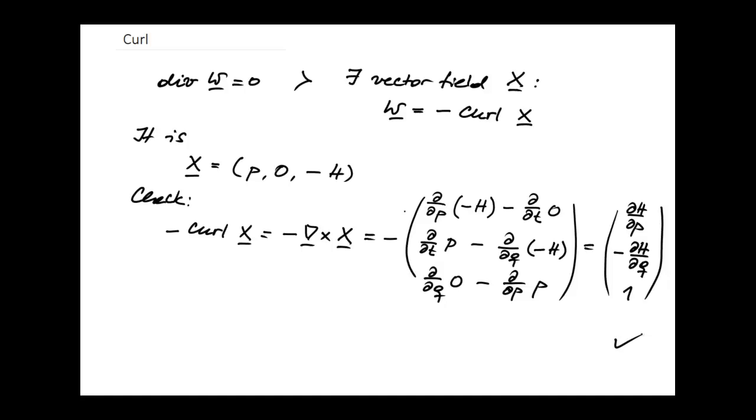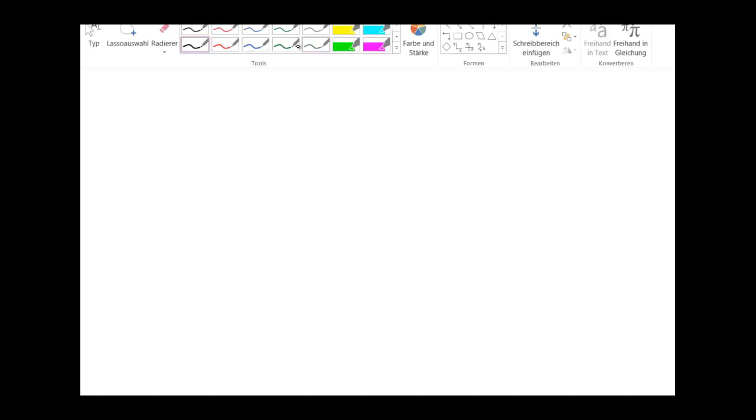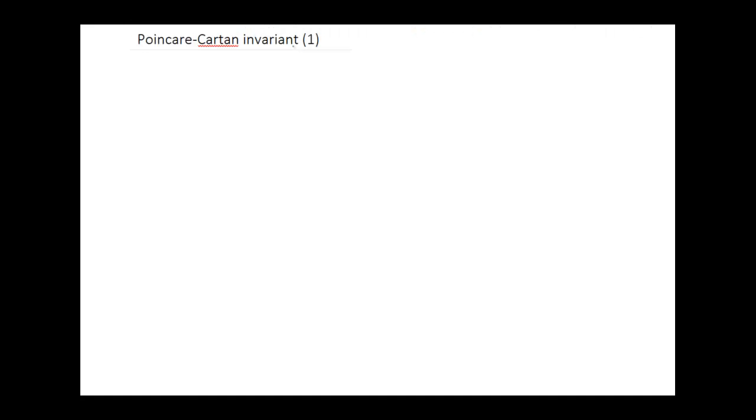So we have this new vector field X. This allows us to formulate a new invariant of the dynamics. Let us consider the top of the tube. So we have the physical trajectories arriving here.